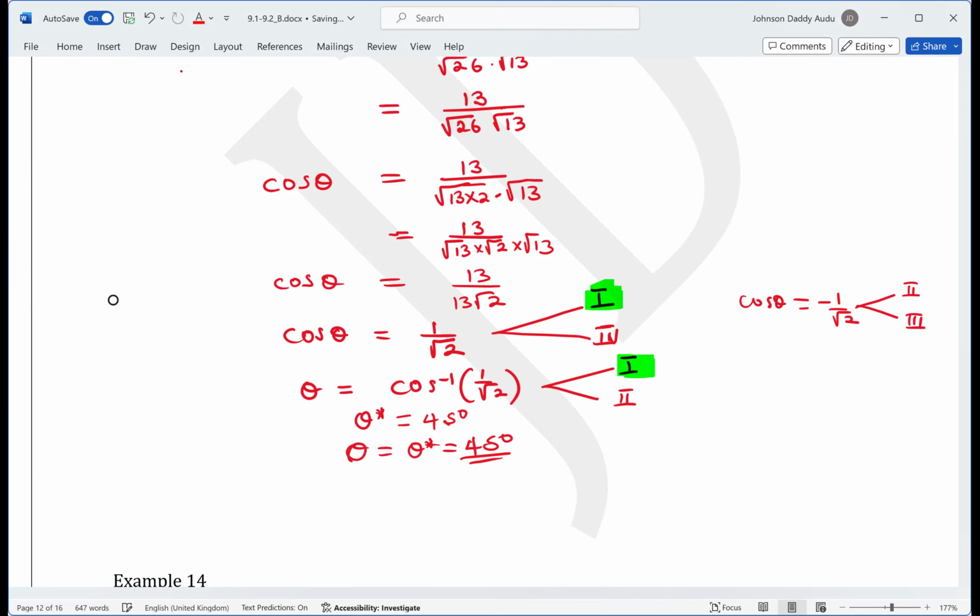This is where cosine is negative. But theta is going to be cosine inverse of this one. And cosine inverse, we know, is always in the first or in the second. So in this case, you have to take the second quadrant, right? And you know what to do. So your theta star will still be 45, but your theta is going to be 180 minus 45, right? Because we are in the second quadrant. All right, so that is just an extra explanation.